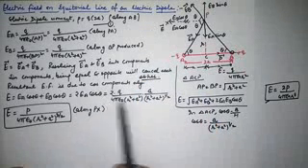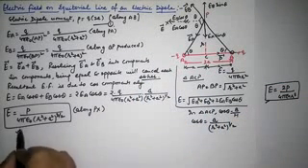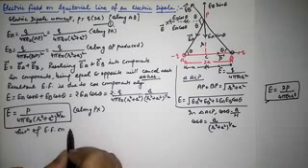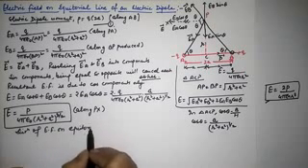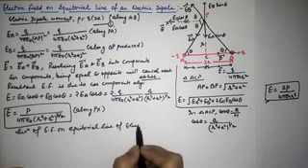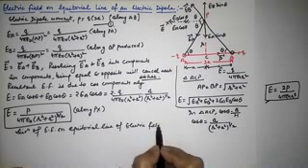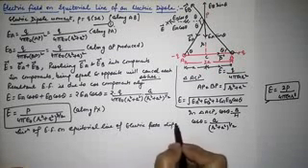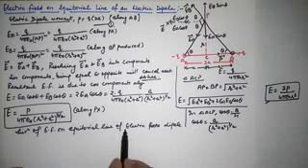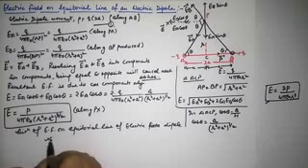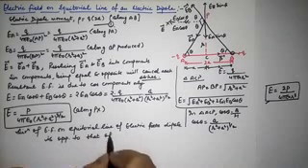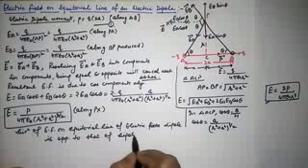We can say the direction of electric field on the equatorial line of an electric dipole is opposite to that of the dipole moment.